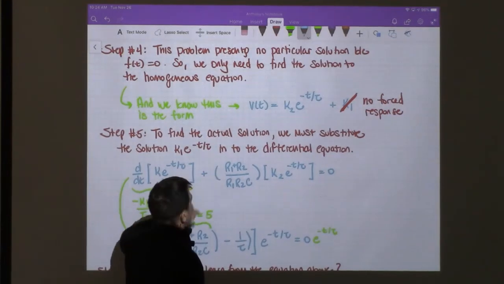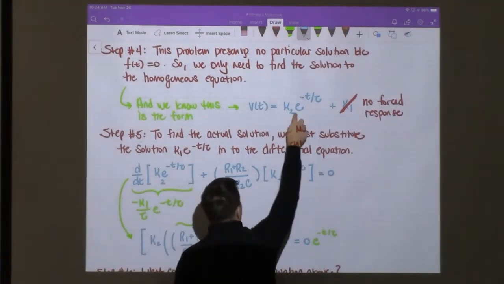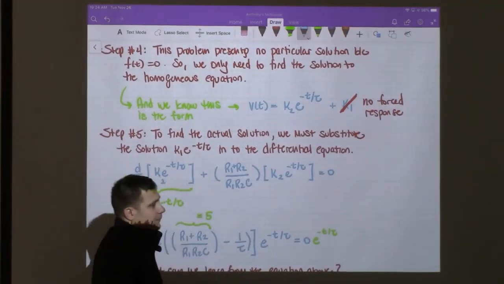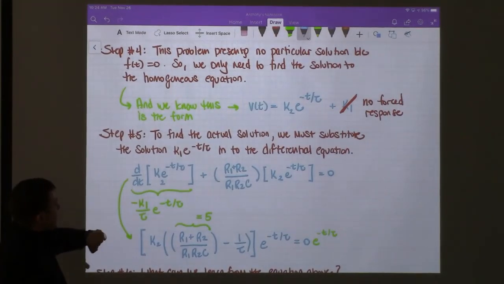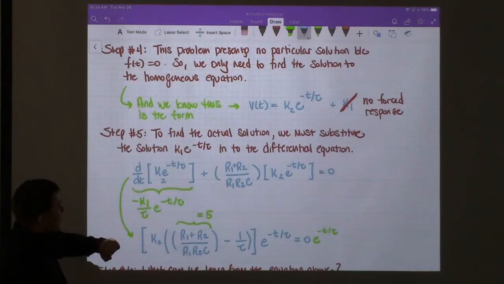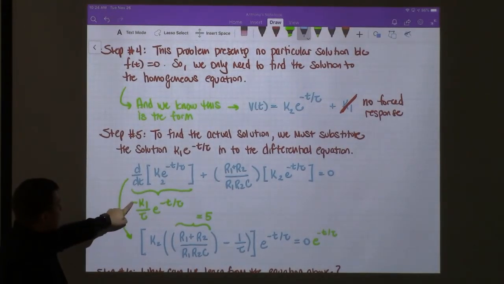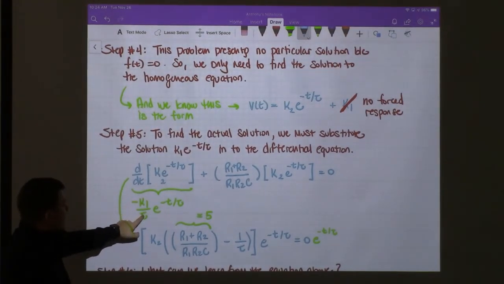This right here is here, and this right here is here. So we take the derivative of it. What is the derivative of k2 e to the negative t over tau? It's going to be negative k2 over tau.